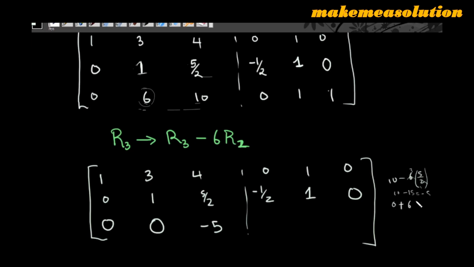Is that okay? 0 plus 6 into 1 over 2, which is going to give you a 3. And you now have 1 minus 6 times 1, that's 1 minus 6 times this guy, which is going to give you -5, and you now have 1 minus 6 times 0, which is going to give you 1.